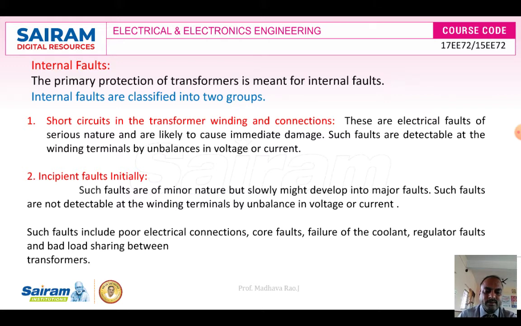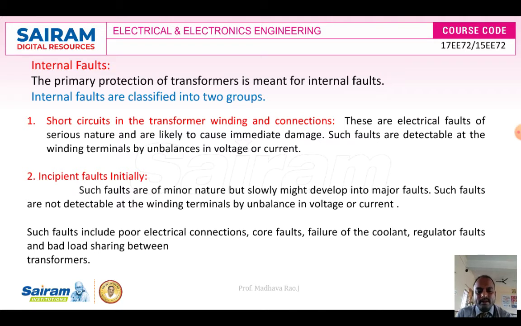If one phase has more load than the other two, the load sharing is imbalanced. That phase draws more current, so its winding will get heated, and then the other windings will also get heated and damaged. So we have to see that all phases share the load equally.